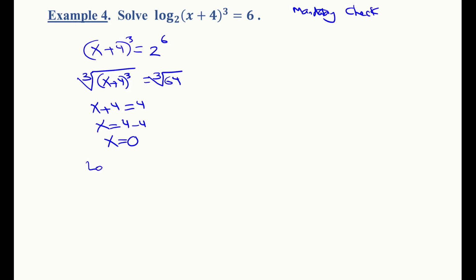So we have log base 2 of, we plug in 0 for x, so we get 4 cubed. We want to know if that's equal to 6, and that's log base 2 of 64. We want to know if that's 6. So what power of 2 gives 64?